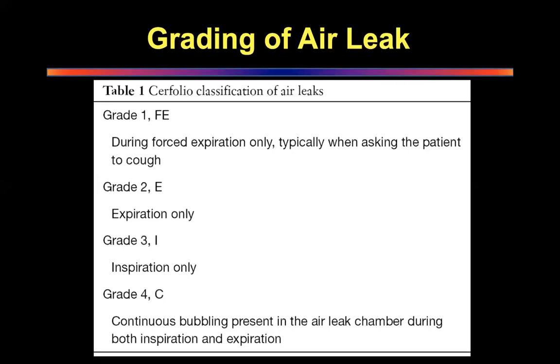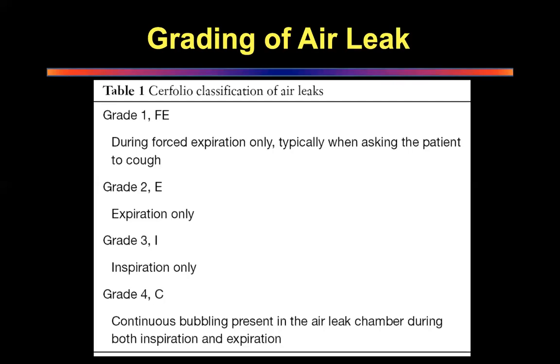So grade 1 is during forced expiration only. This gives you a clinical picture of what is happening. Only when you ask the patient to take a deep cough do you get a few bubbles; that's grade 1. Grade 2 is when he's sitting passively, but on expiration he's getting an air leak. Grade 3 is when he's getting an air leak even on inspiration.